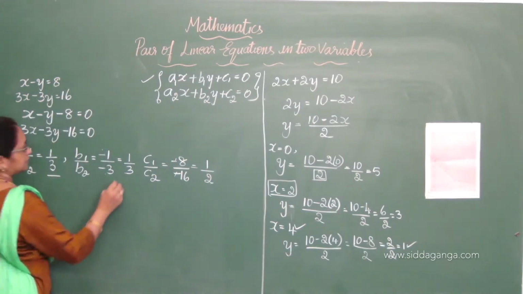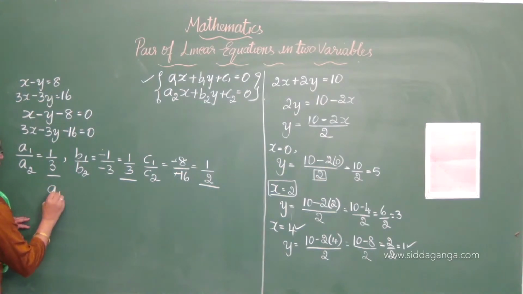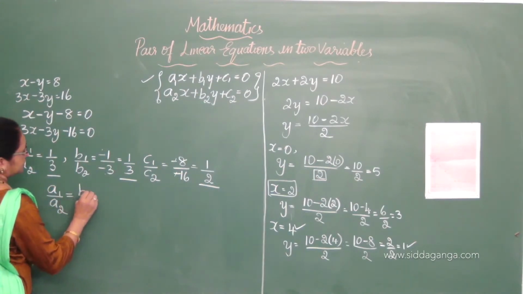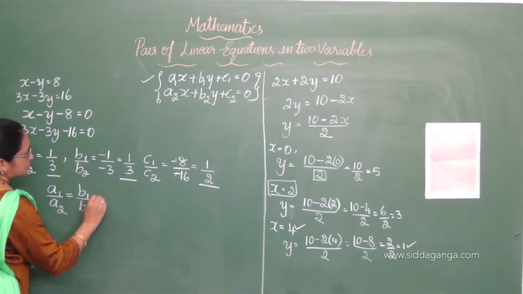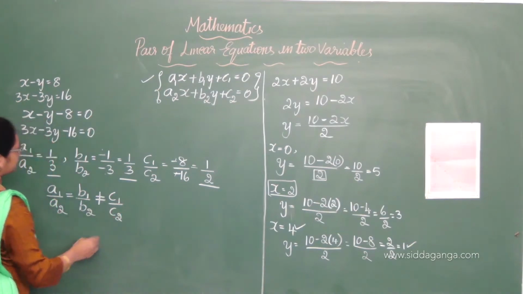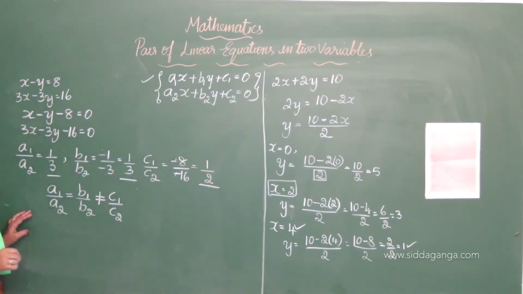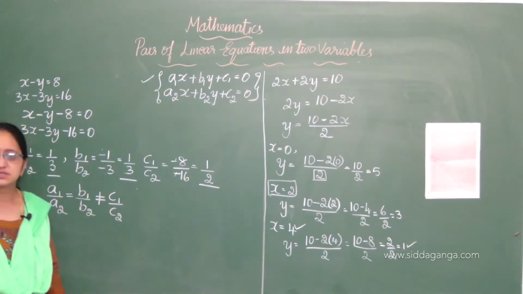Observe carefully: 1 by 3 and this is 1 by 2. So a1 by a2 is equal to b1 by b2 is not equal to c1 by c2.